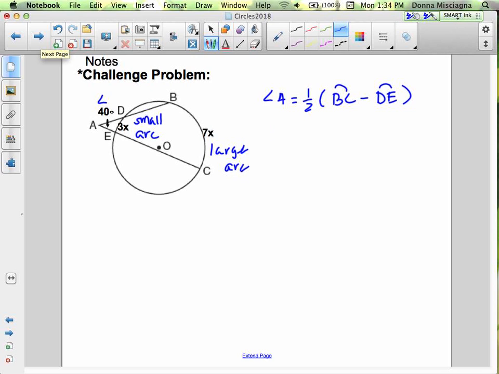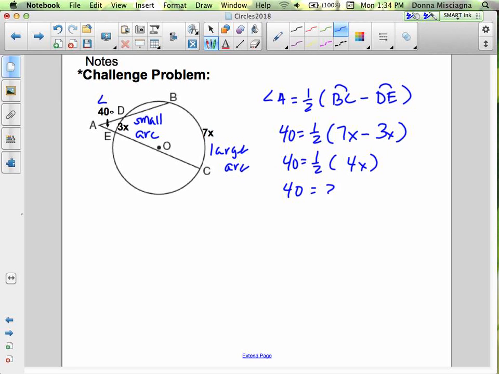Right, so angle A is 40, equals 1/2. The large arc is 7x, small arc is 3x. We could simplify that. 40 equals 1/2 (7x minus 3x is 4x). Right, and no reason to multiply by 2 because we can take half of 4x. Nice pretty number, 2x. So 40 is 2x, and then divide both sides by 2.